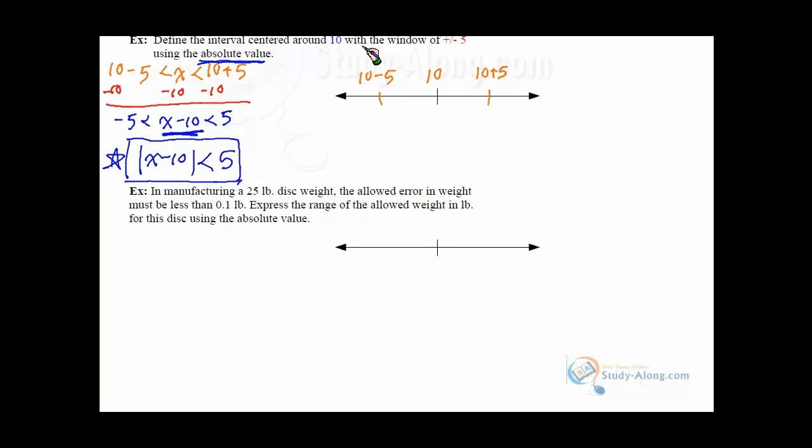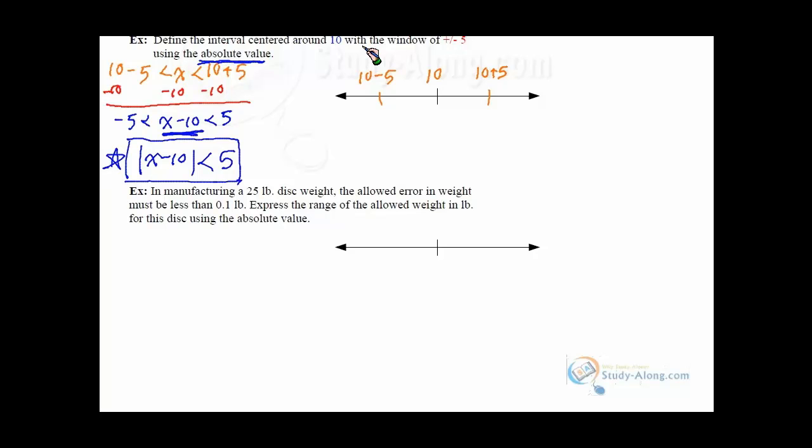In manufacturing a 25-pound disc weight, the allowed error in weight must be less than 0.1 pounds. Express the range of the allowed weight in pounds for this disc using the absolute value. Okay, so basically they're trying to make a 25-pound disc weight. And the allowed error in weight must be less than 0.1 pounds.